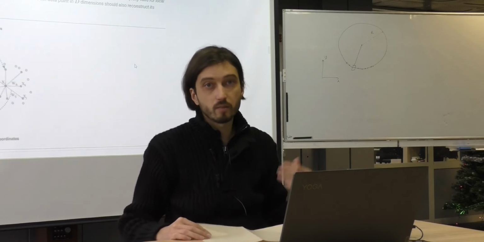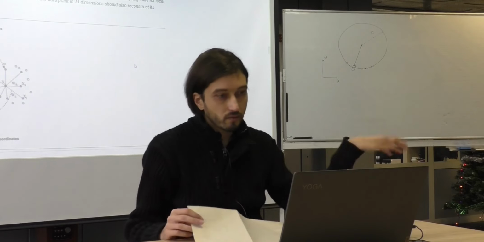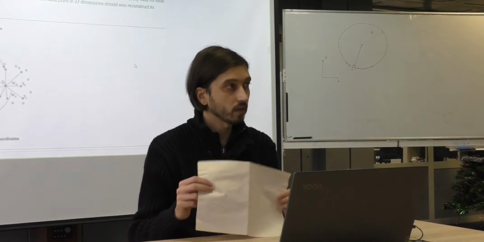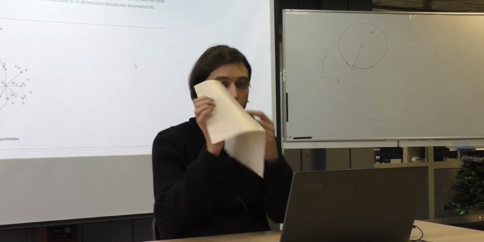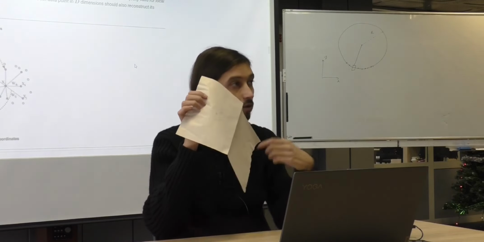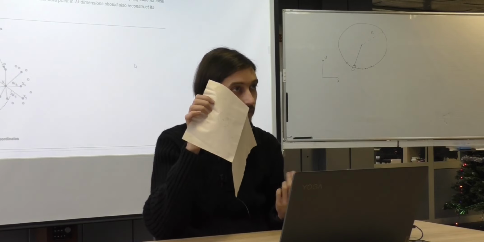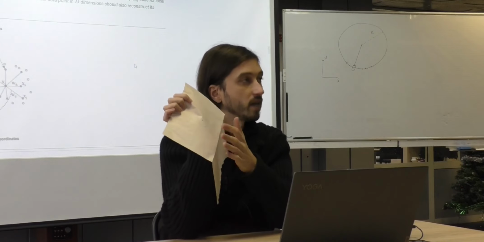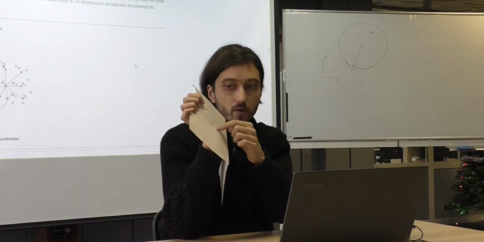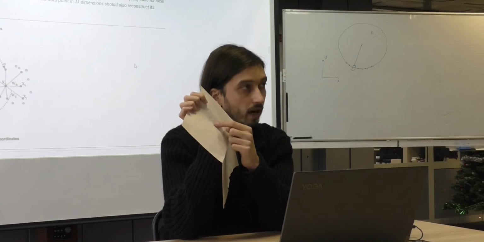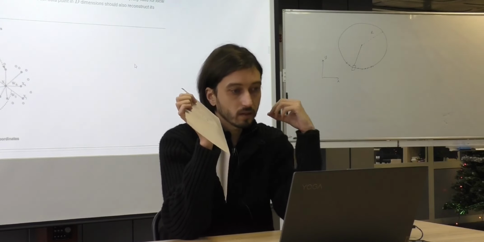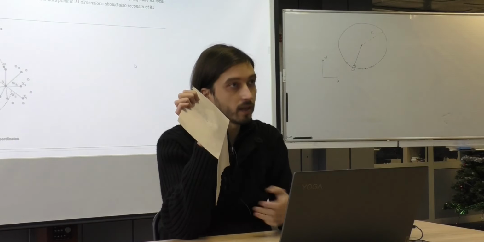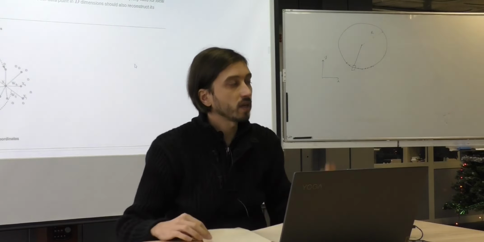The most important property of the manifold is that it locally looks like some lower-dimensional space. If I take a small neighborhood of some point, I can think of this point and everything in that neighborhood as living in a lower-dimensional space.